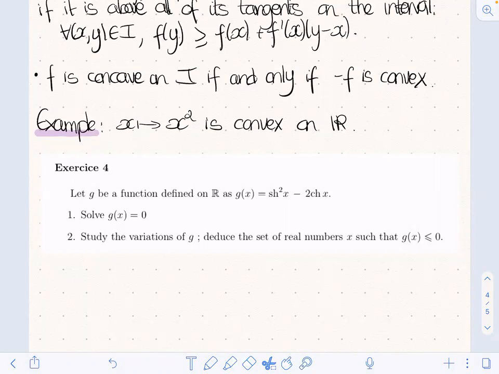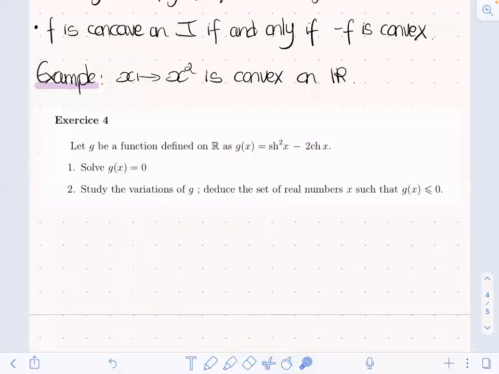If you take a look at the exercise, it's all based on a certain equation related to hyperbolic trig functions. And the equation does look possibly a little intimidating to start with. So we want to find the values of x such that g of x equals 0 and then g of x is negative. So maybe we can get started with the first question.